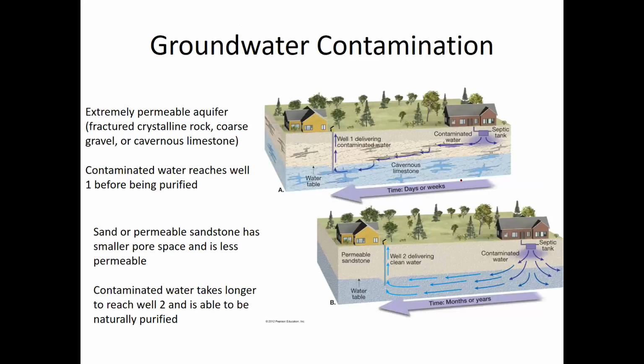Then we have groundwater contamination. If you have well water, then you have to be really concerned about this. Most houses, if you live in a town, have municipal water, which is provided from either groundwater, running water, or both.